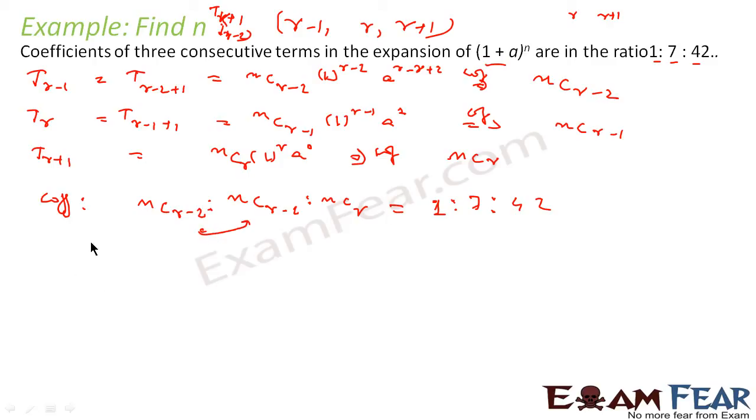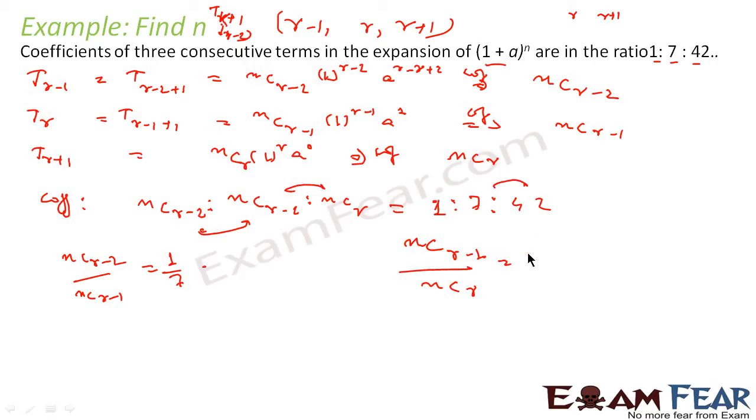So nC(r minus 2) by nC(r minus 1) is equal to 1 by 7. The second equation I'll get is nC(r minus 1) by nCr, equal to 7 by 42. So I have these two equations and I will solve them to get the answer.